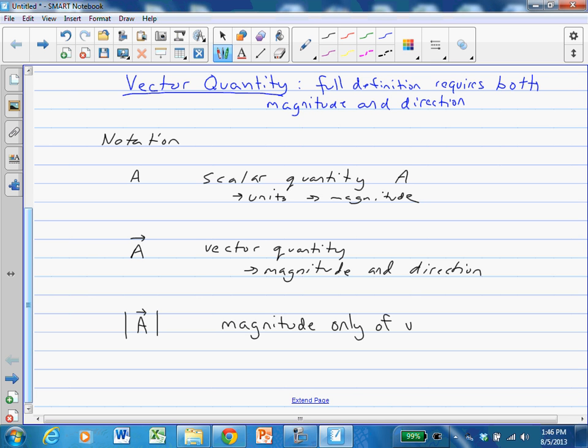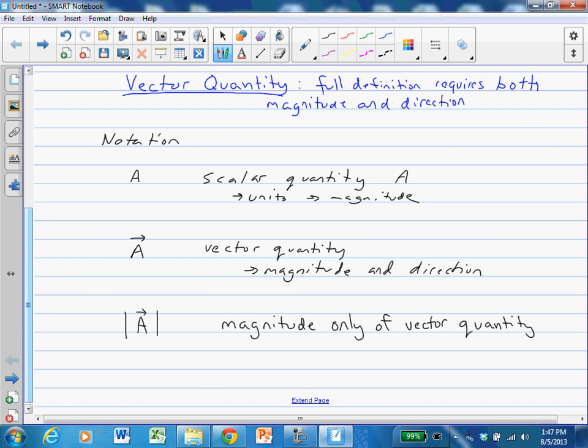So that seems like the same thing as a scalar, but a scalar, remember, is defined entirely by just the number and units. A vector quantity is defined entirely by number, units, and direction. And sometimes we're only interested in the number and the unit, or the magnitude only, of the vector quantity.